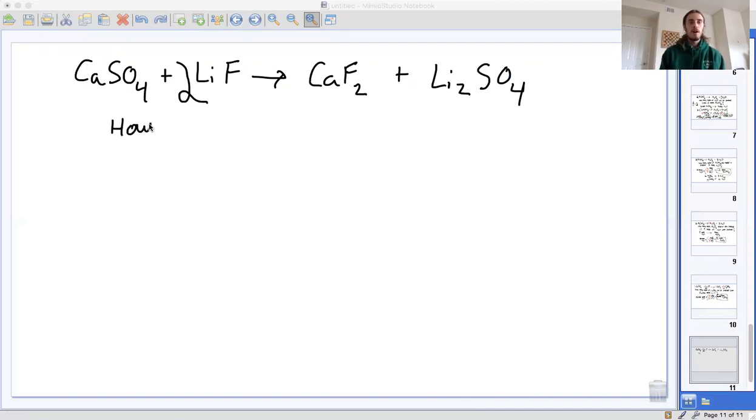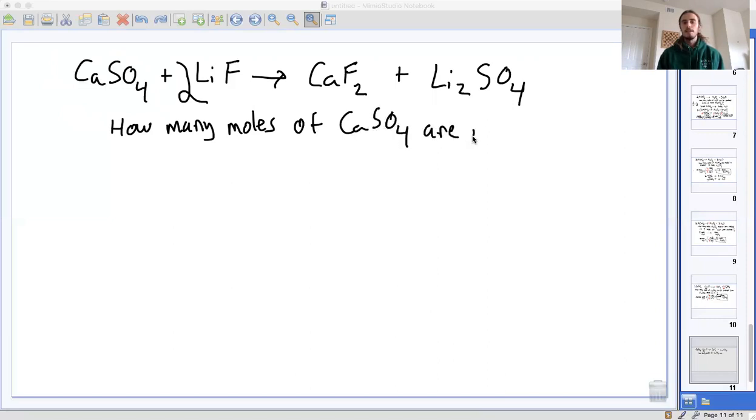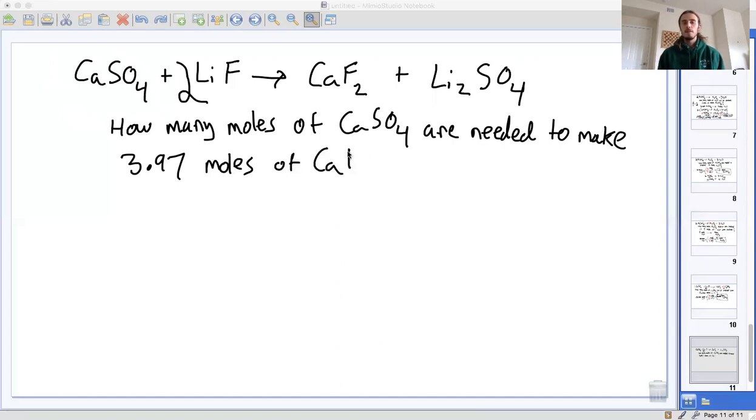So how many moles of calcium sulfate are needed to make 3.97 moles of calcium fluoride? So, all right, let's look at this.